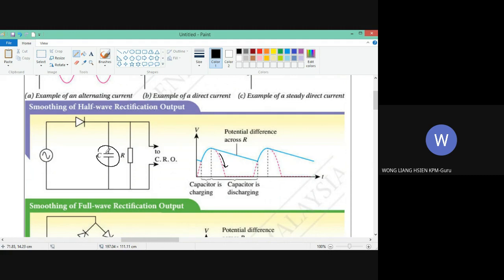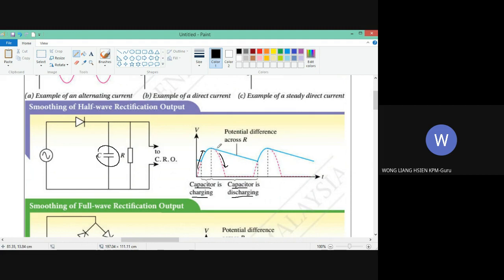So the capacitor will release the charge, or we say the capacitor discharges. Again, when the alternating current goes up, it charges the capacitor. When the alternating current goes down to change direction, the capacitor will discharge.